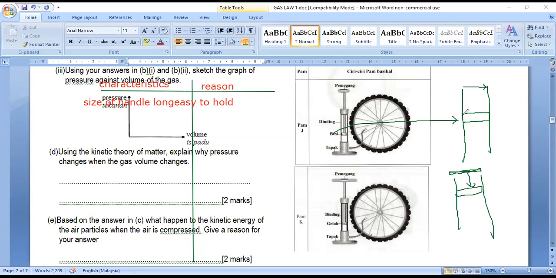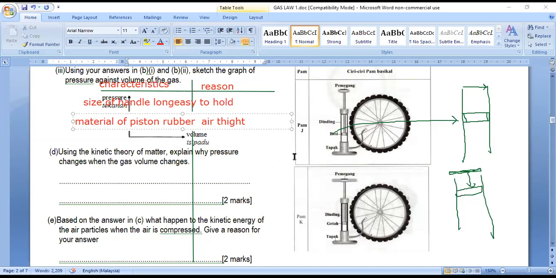If you use iron, you cannot have airtight, because it must be slightly smaller before you can push it in. So for the material of the piston, put rubber. Reason: so that it is airtight.